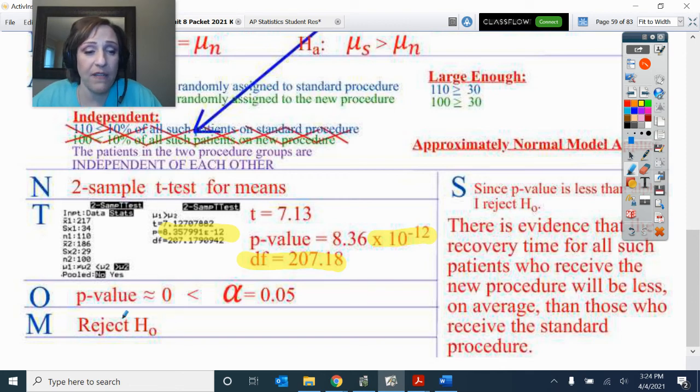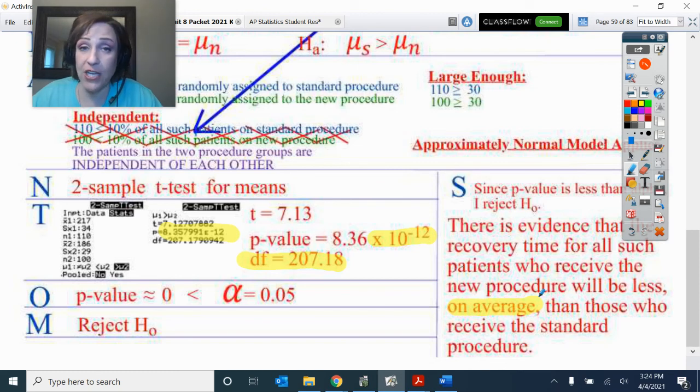So since that p-value is low, I'm going to reject H0. So there is evidence that the recovery time for all such patients who receive the new procedure will be less on average. You either needed to say the average recovery time for all such patients or less on average.